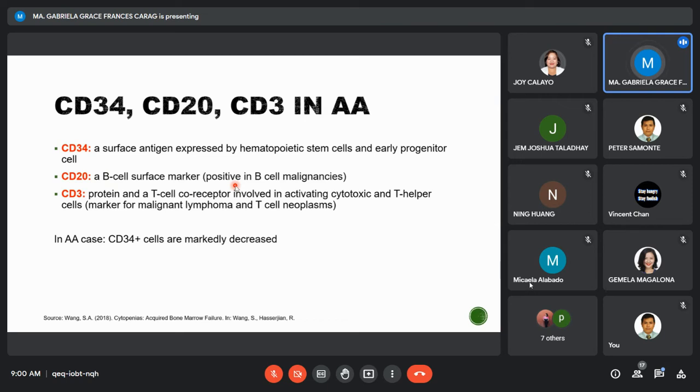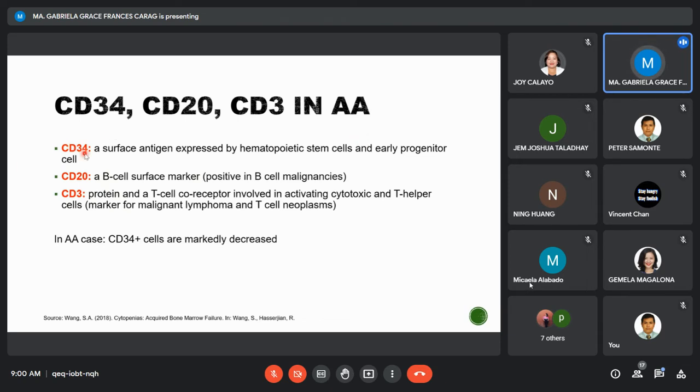So it is usually positive in B cell malignancies. CD3 is a protein and a T cell co-receptor involved in activating cytotoxic and T helper cells. So this test po is a marker for malignant lymphoma and T cell neoplasms.